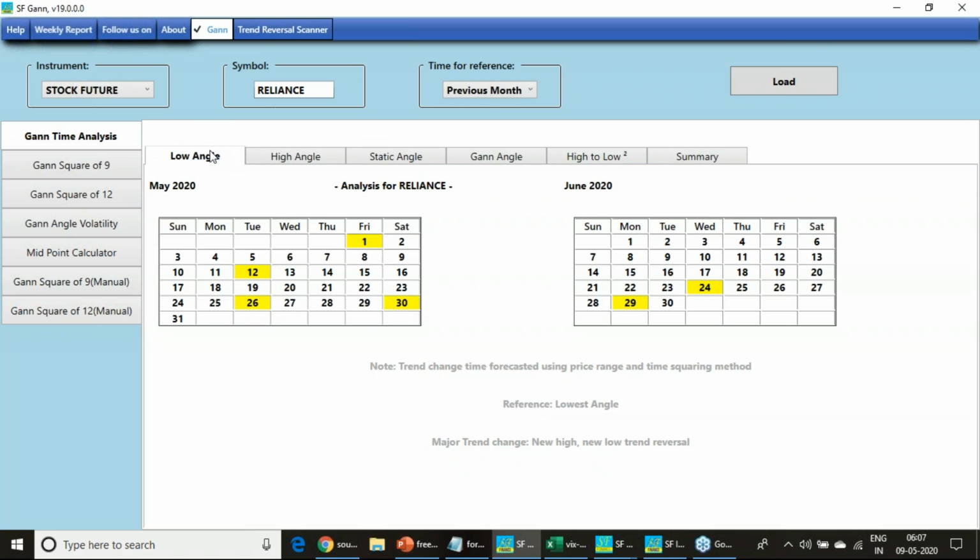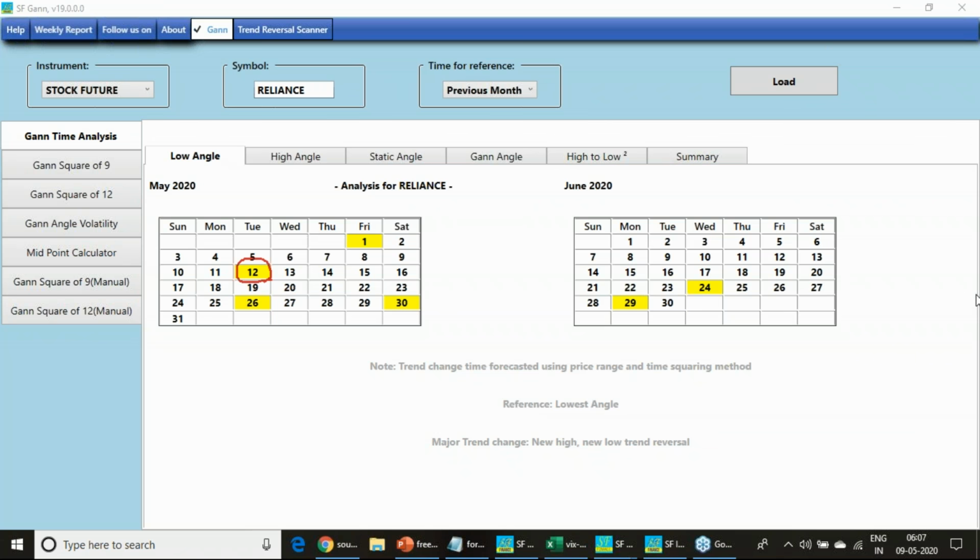So what are we going to do on the trend reversal day? Can anyone tell me what I am going to do on this 12th trend reversal day, what I am going to do with Reliance? Trend reversal happens, but that doesn't mean that post 12th every day it is going to continue. 12th is a trend reversal day.